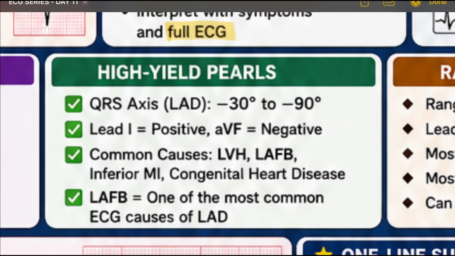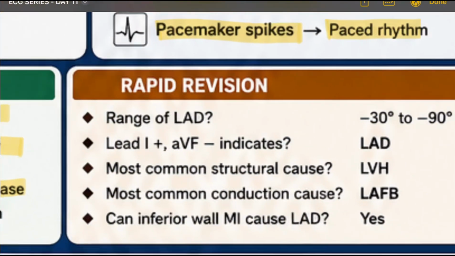Okay, so next you can see here, left axis deviation: the QRS axis will be minus 30 to minus 90 degrees. Lead 1 will be positive and AVF will be negative. The common causes are left ventricular hypertrophy, left anterior fascicular block, inferior myocardial infarction, and congenital heart disease. Left anterior fascicular block is one of the most common ECG causes of left axis deviation.